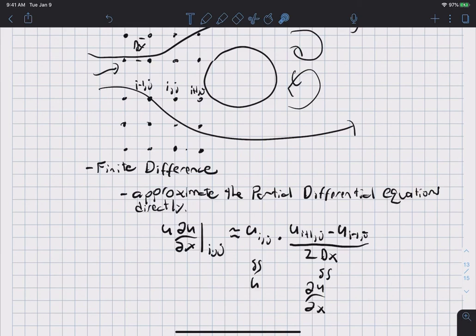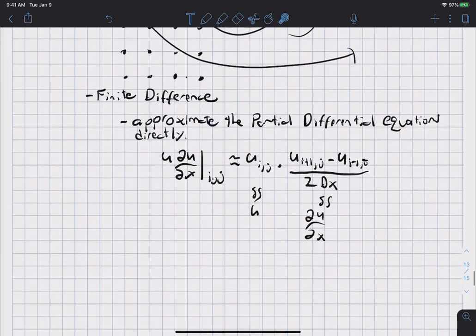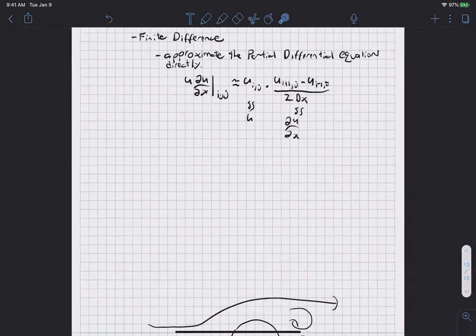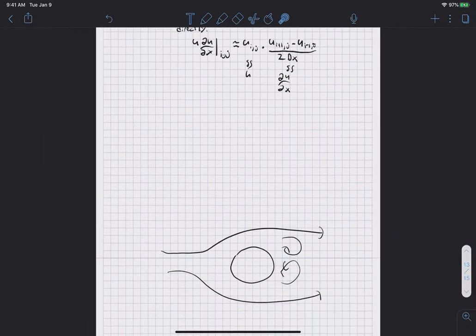Okay, and now the other technique that you'll see used quite a bit is called finite volume.